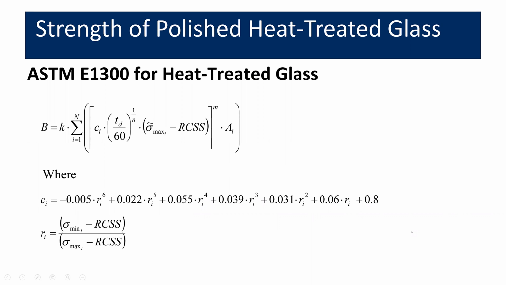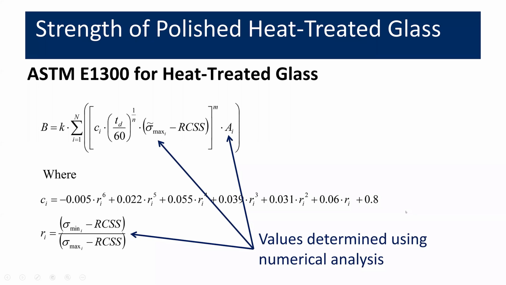All right, so the analytical method relies on this nasty-looking set of equations that we have here. I'm not going to go into too much detail with this, but these equations, in conjunction with numerical stress analysis, something like finite element analysis, which you're probably familiar with, allow us to calculate a probability of breakage based on the loading conditions and the glass geometry.